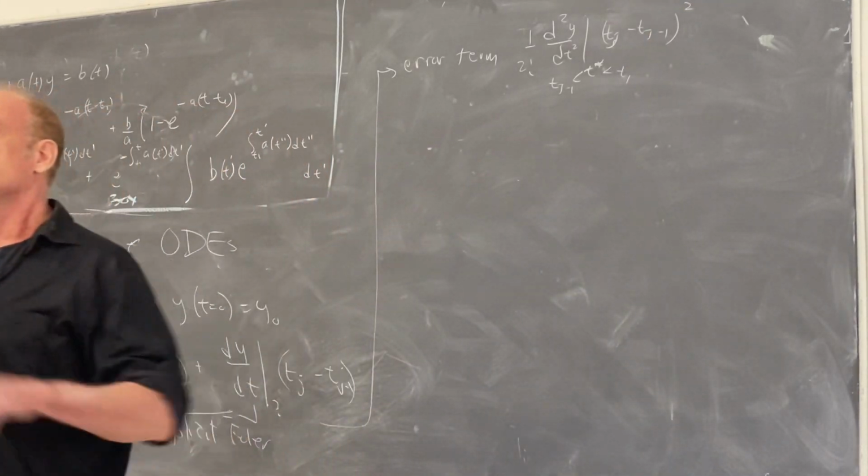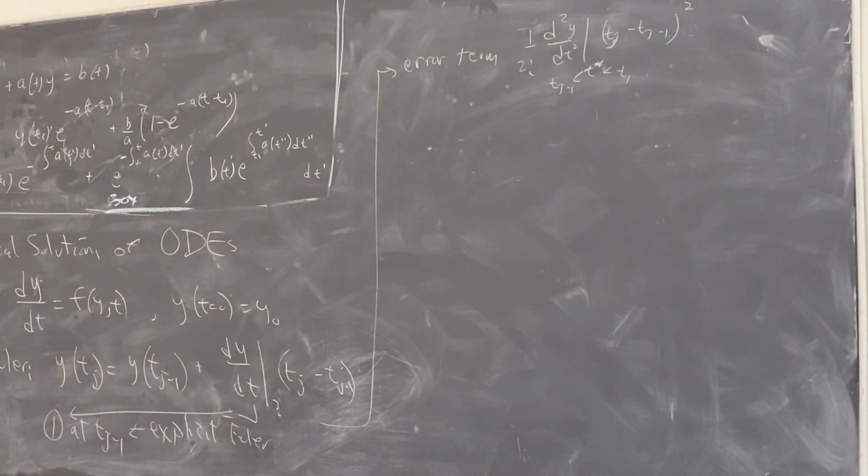So the error, if I decrease the time step, only goes down as the square. That's pretty slow. It would be great if, when I halve the time step, it went down by 2 to the 5th instead of by 2. The error goes down slowly. The nice thing is I can calculate everything straightforwardly.